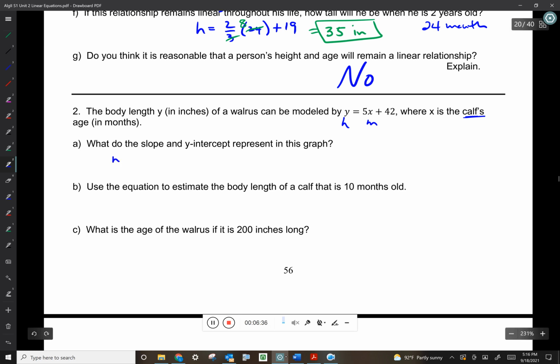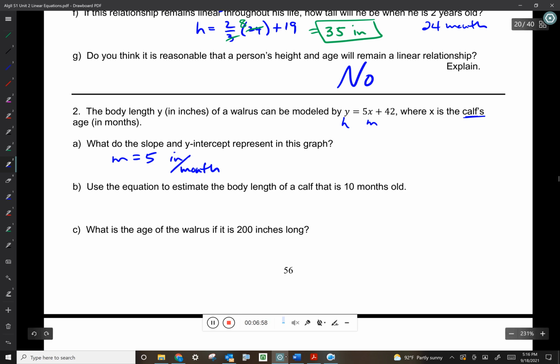Well, it's true that the slope is 5, and just like up above, since we're talking inches and months, that would be inches per month, and so that means the walrus is going to grow 5 inches per month, right? What about the y-intercept?